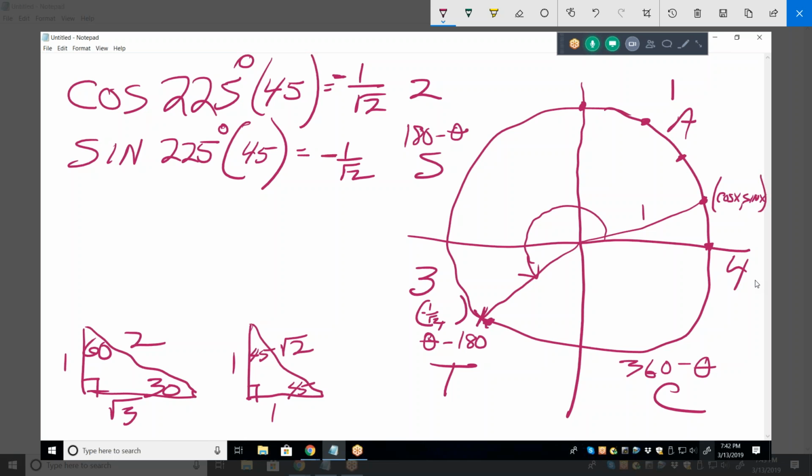Correct. And notice this matches. If I draw a triangle, notice the x measurement is negative and the y measurement is negative. So I would certainly expect both of these coordinates to be negative. Yeah. And they are. Both sine and cosine are negative in the third quadrant.